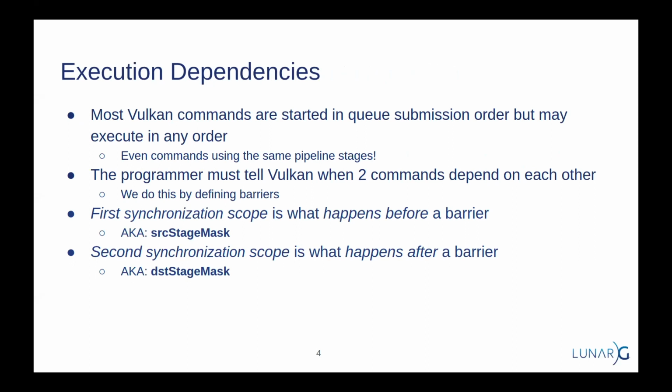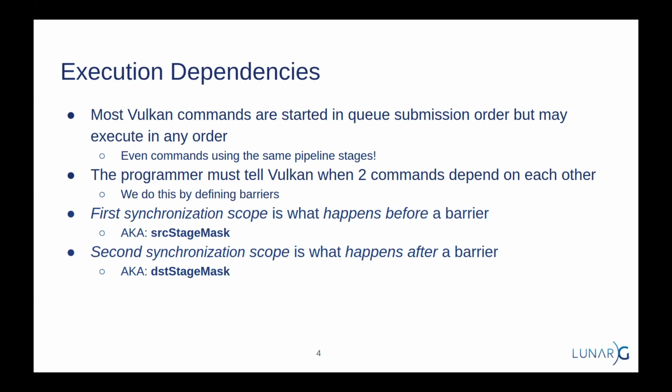So the first part to start with on Vulkan synchronization is that most Vulkan commands are started in the order in which they're submitted to a queue, but they can complete in any order and they can run in parallel. Even commands in the same pipeline stage, so two transfer commands, for example.